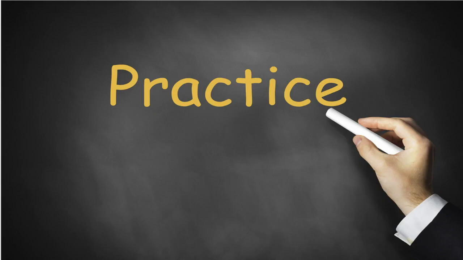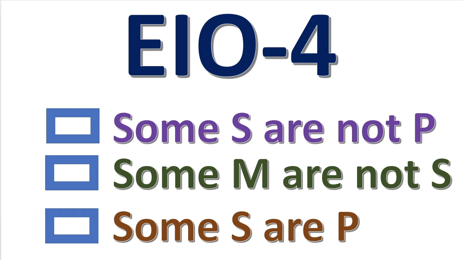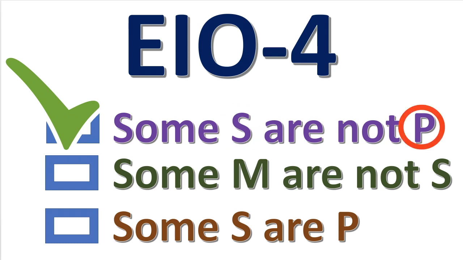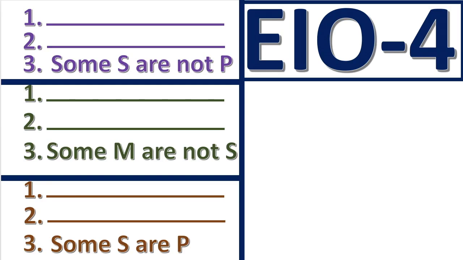All right, let's work a practice problem. Given this form, what is the conclusion of the syllogism? Press pause if you need more time. The answer will appear in 3, 2, 1. Ding! We always use S for the subject and P for the predicate. Next, where does the middle term go?